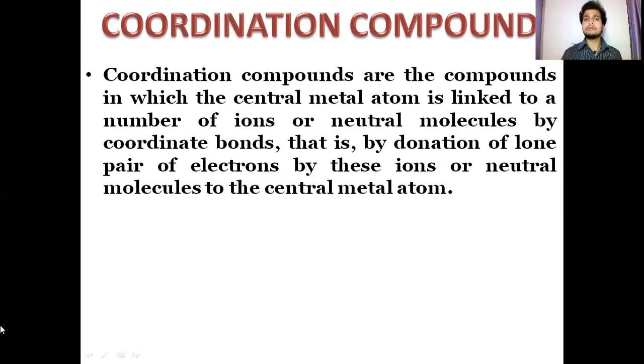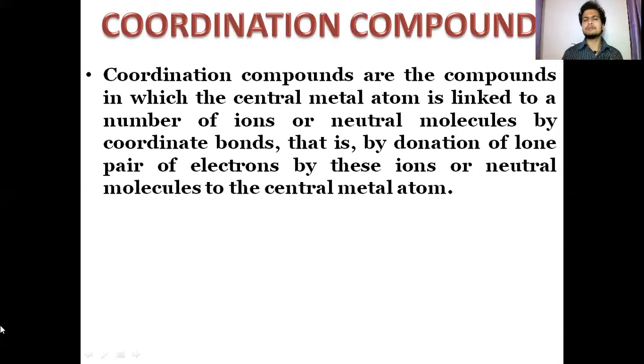A coordinate covalent bond is formed by the donation of lone pairs by a system which is electron rich. In inorganic chemistry, we call them Lewis base, donating to a certain group of atoms or to a particular element or ion which is deficient of electrons, which we call Lewis acid, which can accept that pair of electrons donated by the Lewis base, and then they can share it and form a covalent bond.